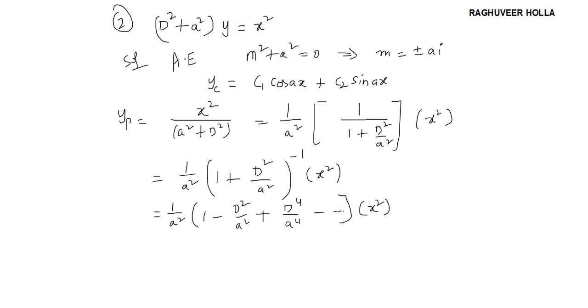So when you multiply this, I get 1 by a square into the first term, x square, kept like that, minus 2 by a square.